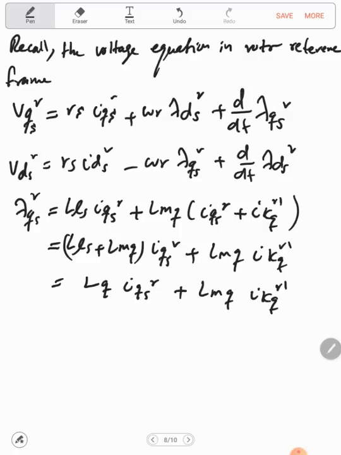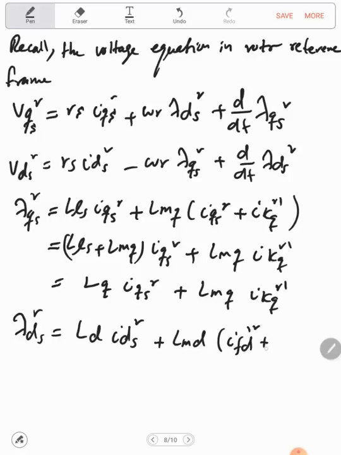The same thing we can do for the flux linkage acting along the d-axis. So lambda dsr equals, let's spread the variable, correct the term, LD IDSR plus LMD multiplied by IFDR dash plus IKDR dash.